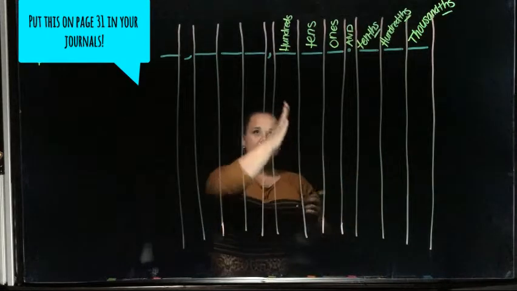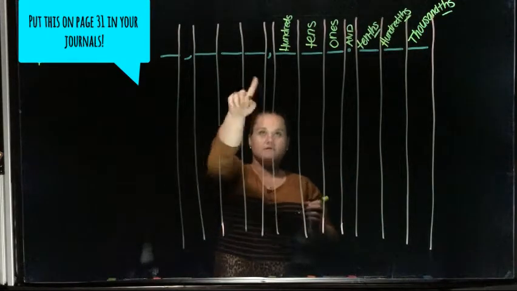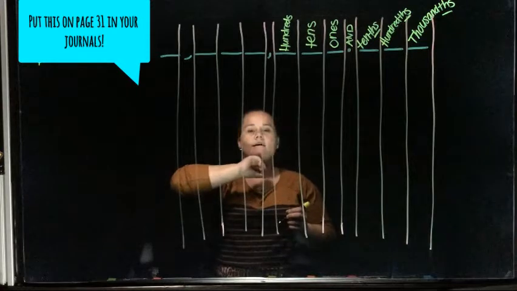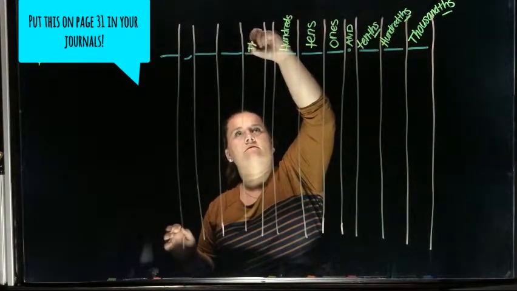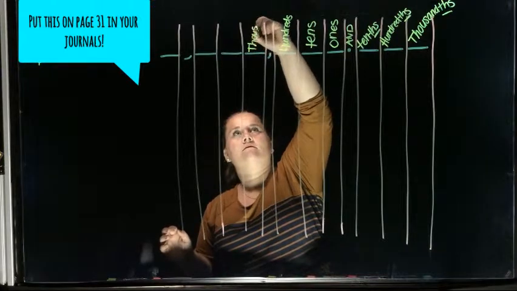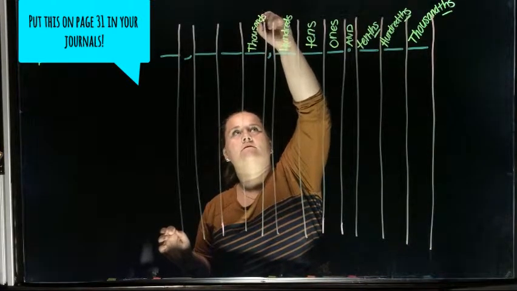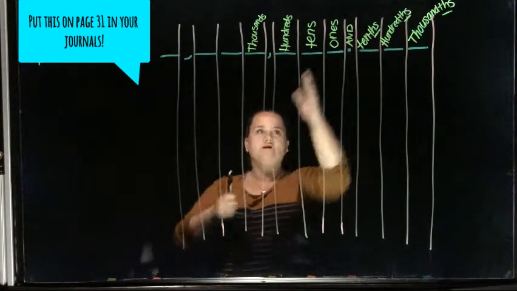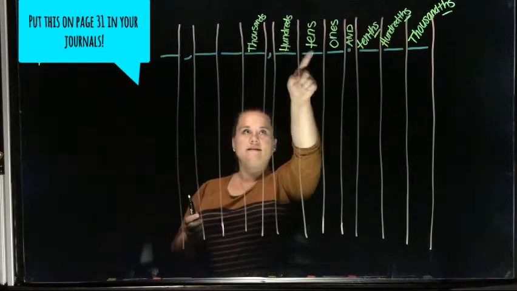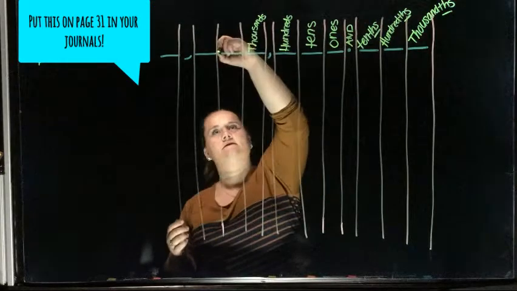So we go ones, tens, hundreds, comma. We have our comma, okay? And then we have our thousands place. After our thousands, we follow just like we did over here. So we have our 10,000s place.